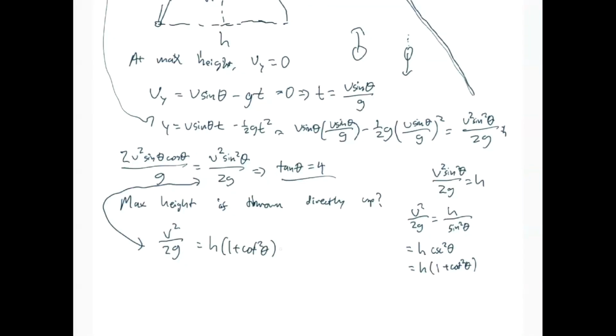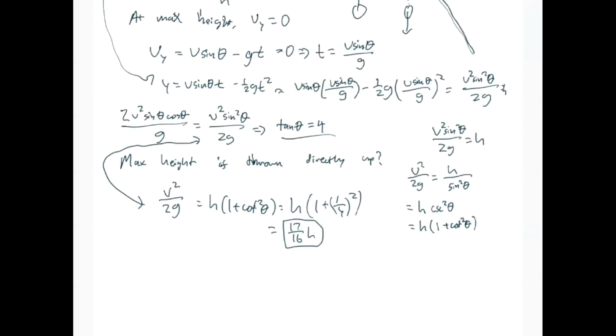And then this is just h times 1 plus 1/4 squared, which is 17 over 16 h. And that's our answer. Okay. Now, if we don't have any questions, let's go on to number 12.